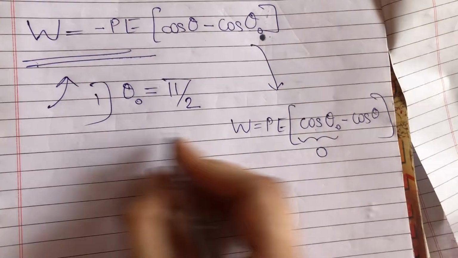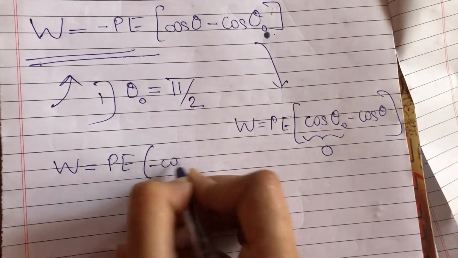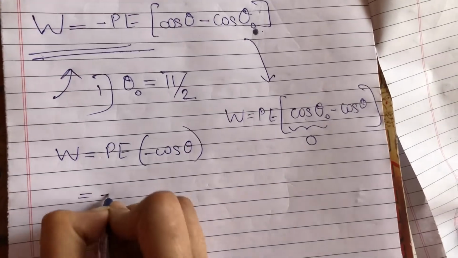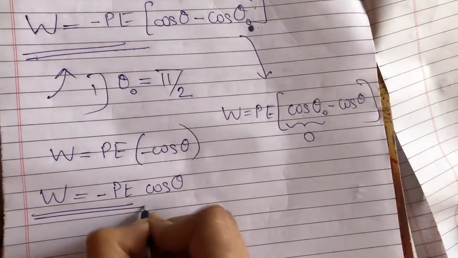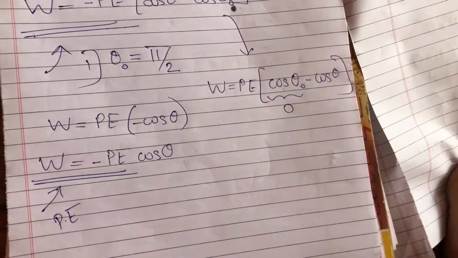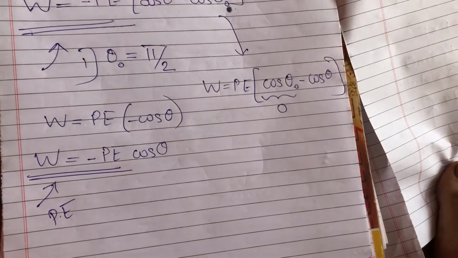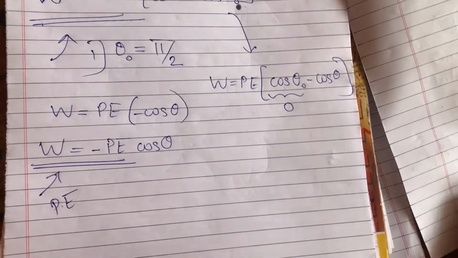This becomes 0. So in that case, work done is PE minus cos theta. So that becomes minus PE cos theta. This would have been the work done, and this work done is nothing but potential energy. This work done gets stored in the dipole as potential energy, and this becomes the potential energy of the dipole.